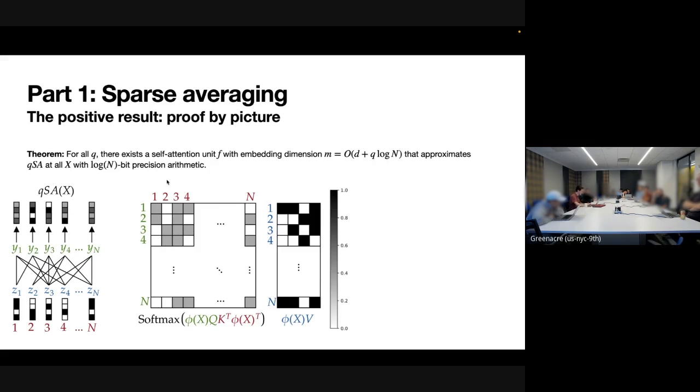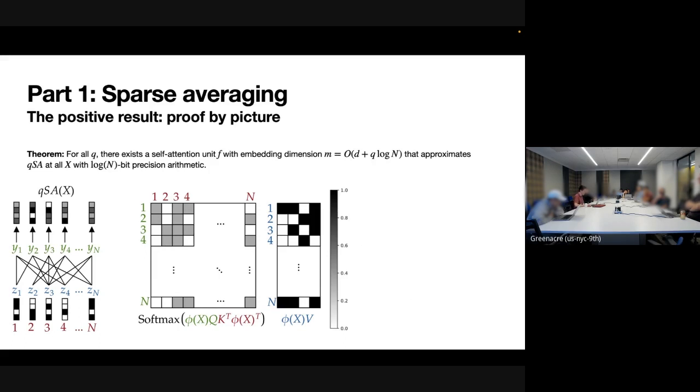In this case, the first average is going to average together Z1, Z3, and Z4. And indeed, we have the first row here being 1/3, 1/3, 1/3. So if you multiply this together, this will give you the proper output.